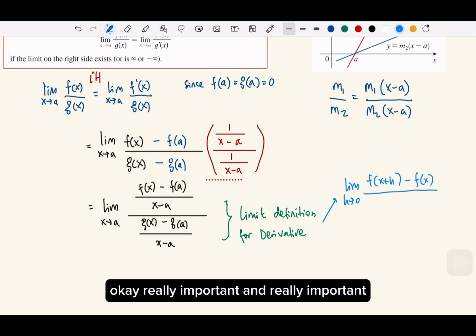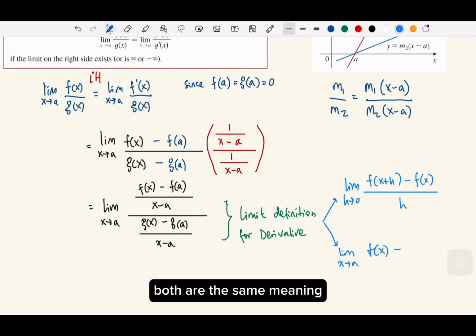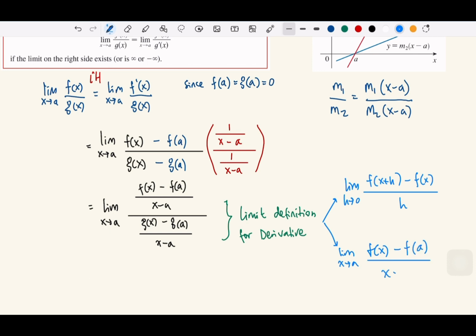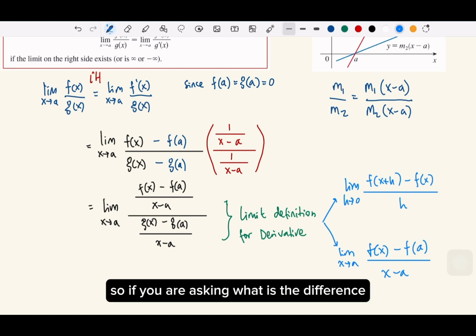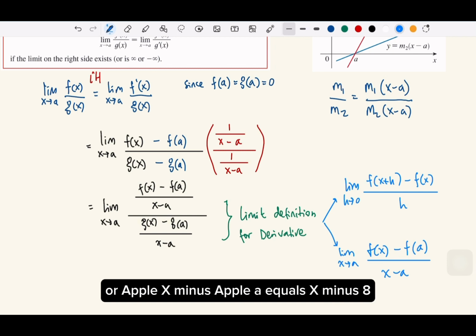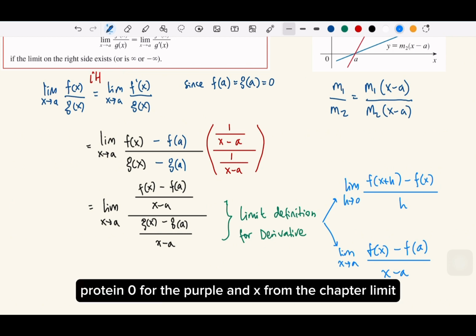Really important. Both have the same meaning, just a different approach, but the same conclusion. So if you are asking what is the derivative, you can use either f of x plus h minus f of x divided by h, or f of x minus f of a divided by x minus a. The limit is h approaching 0 for the first one, and x approaching a for the second, from the chapter on limits.